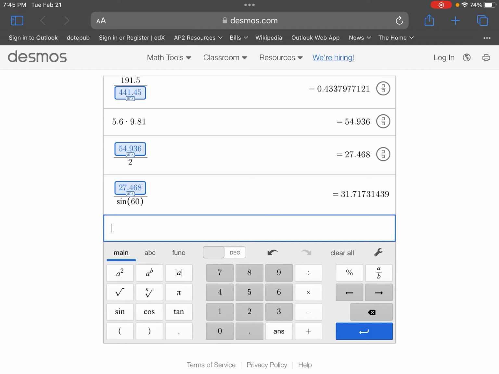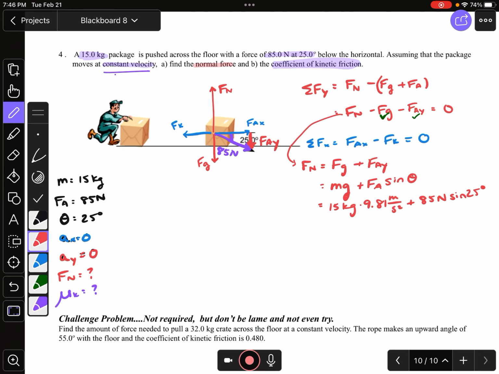See if I can remember all that. I think I did it. All right. And we got 183.07. Excellent. So I have that answer.